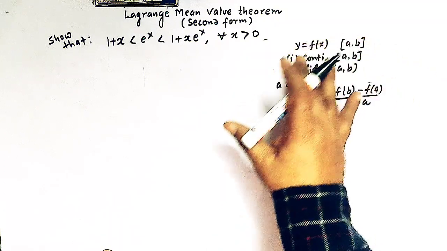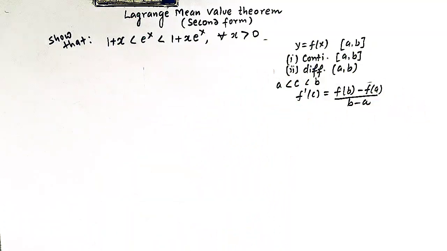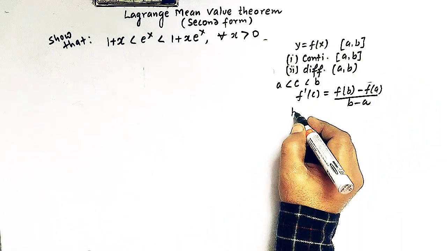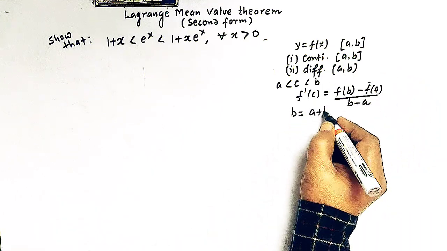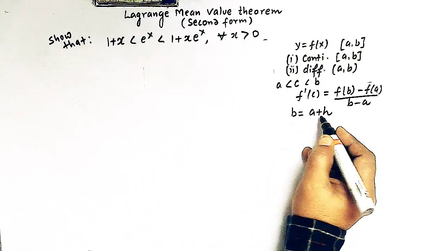Let us slightly modify this theorem to get the second form by taking b equal to a plus h.